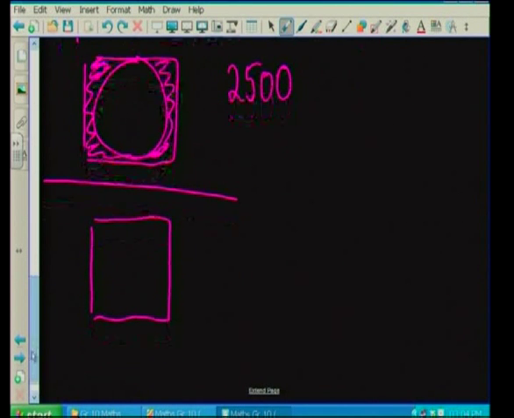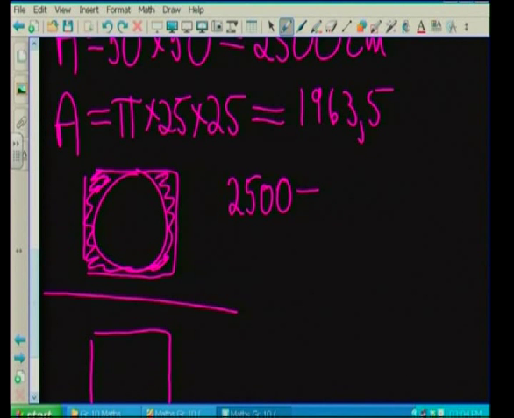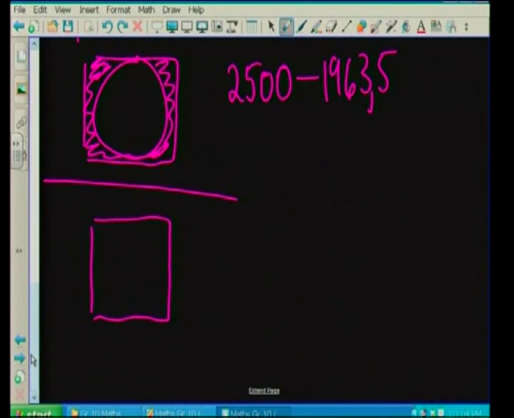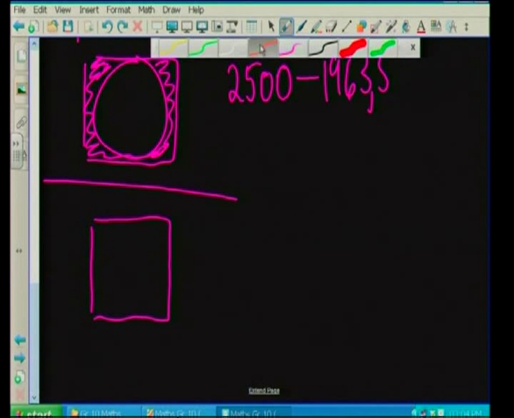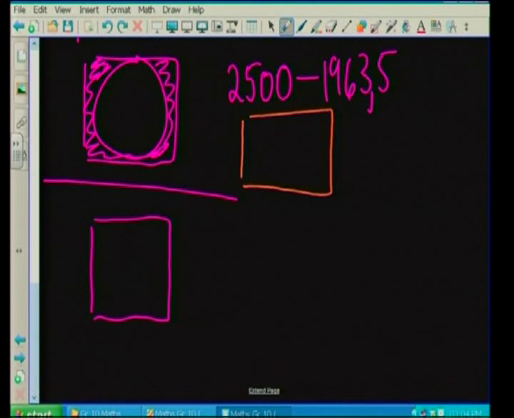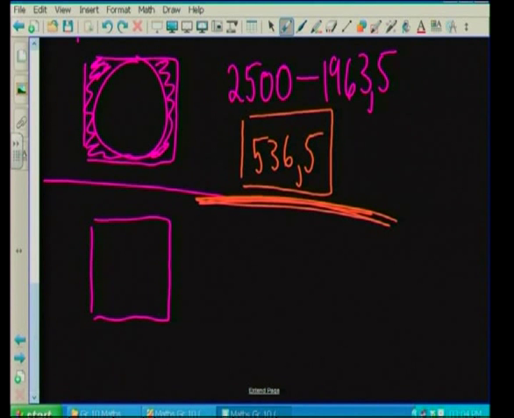2,500 centimeters. The shaded area of the circle is 1,963,5. So the area that's not closed up by the circle will be 2,500 minus 1963,5. And that gives me that the top part of my fraction, let's write that in a different color, is 536,5 over the entire area where I could put my pencil down, which is 2,500.